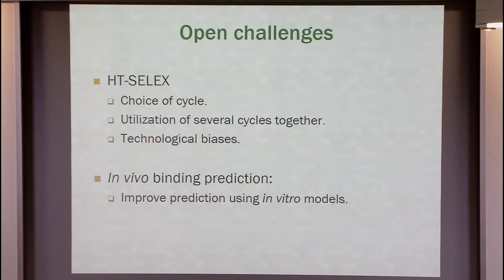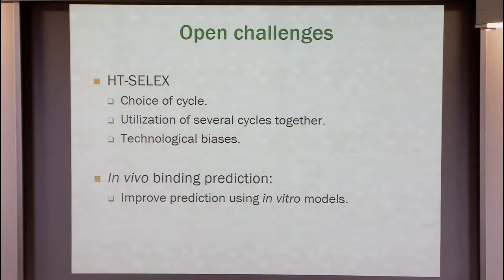But what is still missing, I think, in high-throughput SELEX analysis is, first, how do we choose the cycle? It's unclear if we have several cycles. So far, what everyone has been doing is choosing one of the last cycles with no clear rules, because they give the most specific binding preferences. But maybe we can benefit from looking at previous cycles.